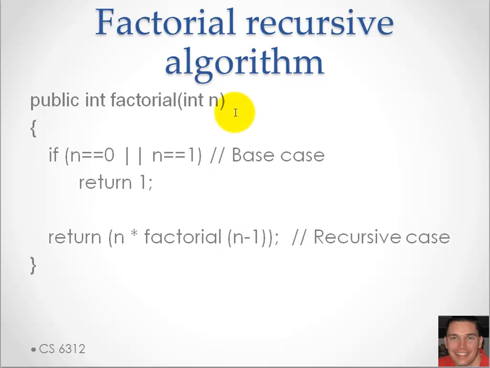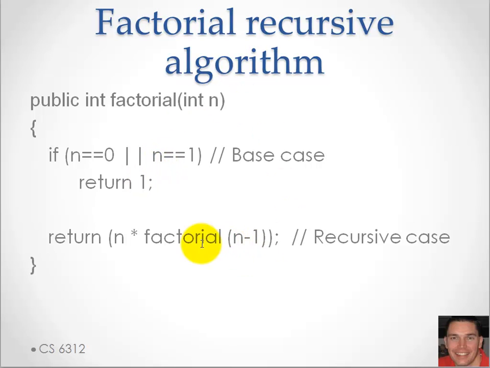So if I call this with the value 3, it says, well, does 3 equal 0 or 1? No. So then I say return 3 times factorial of 2. So then this comes up, calls factorial 2. Have I reached my base case? Nope. So then I'm going to return 2 times factorial of 1. So this comes up here now. It says, oh, n equals 1, so it returns 1.